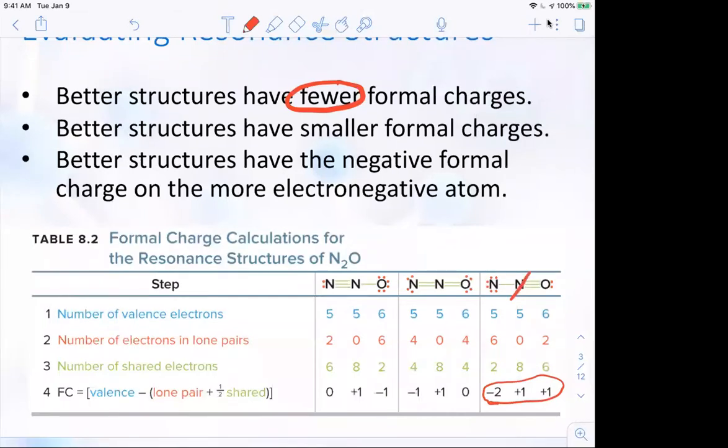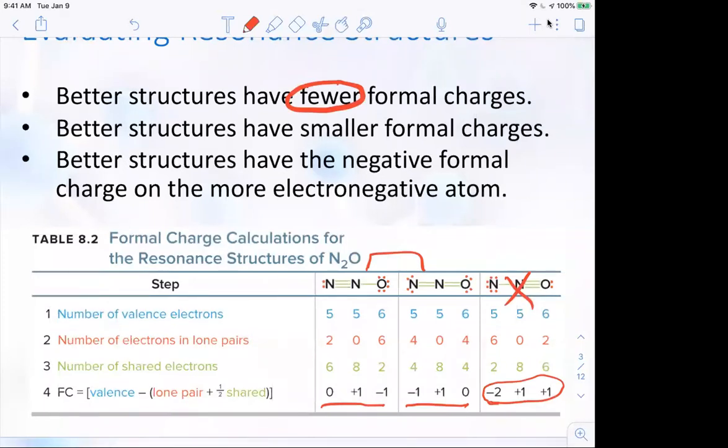So this one is actually not a very good structure. Better structures have smaller formal charges. So that leaves these two. Those both have a +1 on a nitrogen, a -1 on an oxygen, and then in the center structure, I have a -1 on a nitrogen and a +1 on a nitrogen. So those are smaller than that rightmost structure. So I still haven't decided which of these two would be better.